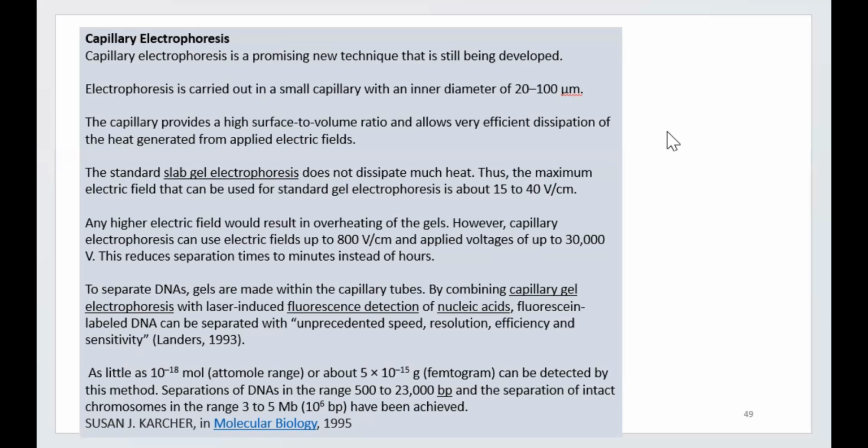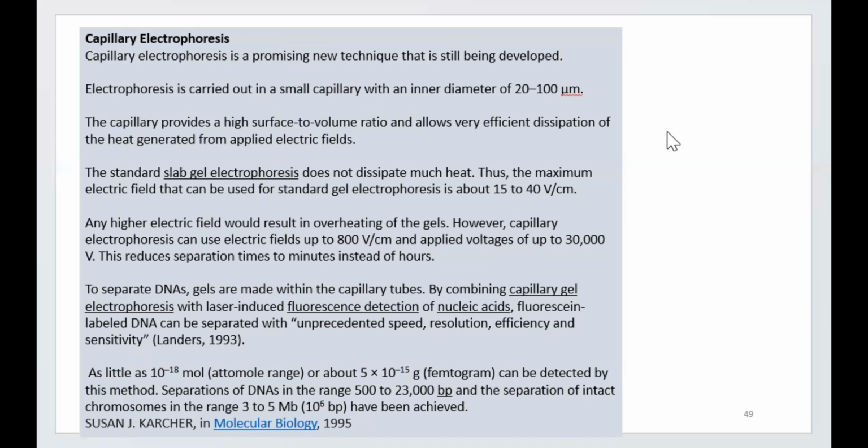The third point about capillary electrophoresis against standard gel electrophoresis is that here we apply a very high electric field, which could overheat the gels or the capillary. So you have to have an efficient system that would dissipate the heat.